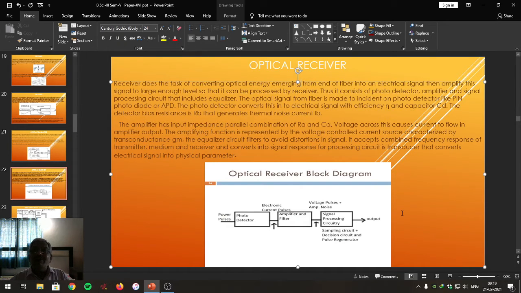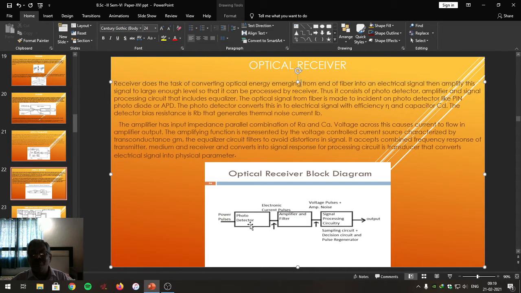Such an optical receiver is represented in this particular block diagram. Student friends, the block diagram represents the power pulses, that is, the light radiations which are coming from the optical fiber. It is connected to the photodetector.